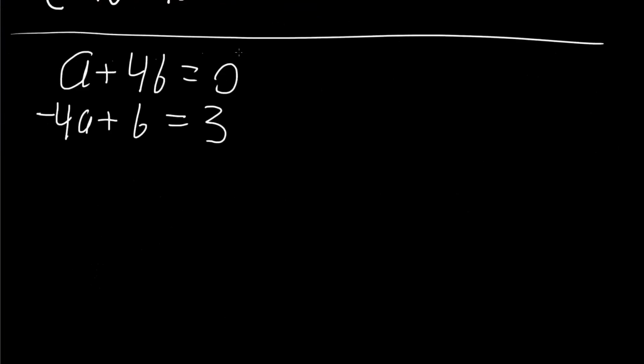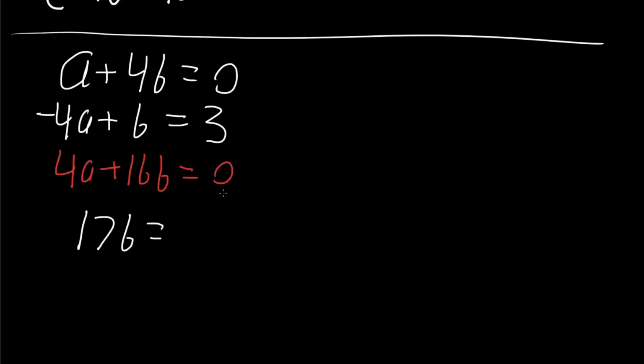If we multiply this line by positive 4, we would get 4a plus 16b, and that's going to equal 0. If we group it, negative 4a plus 4a is 0a, and b plus 16b is 17b, which is equal to 3.